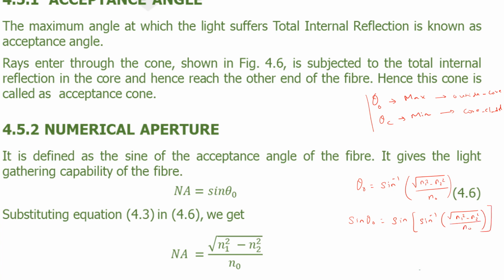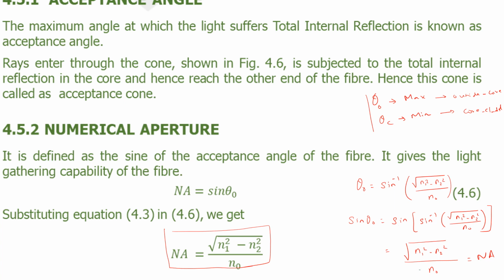This sin and sin inverse will get cancelled. I will get only square root of n1 square minus n2 square whole divided by n0. That is my NA. Okay. So that is what is here.